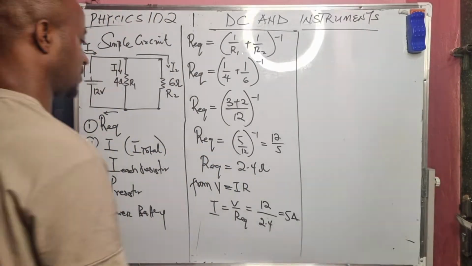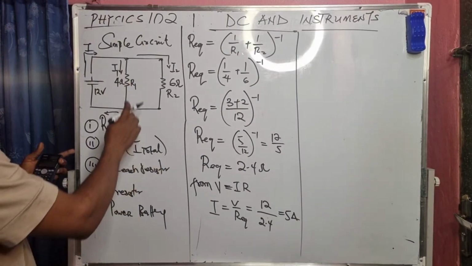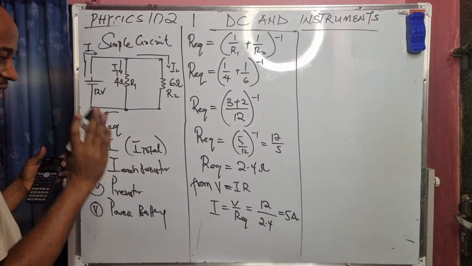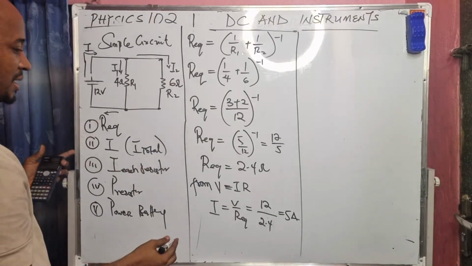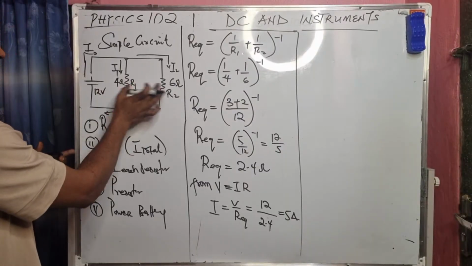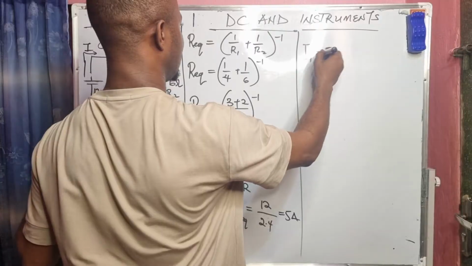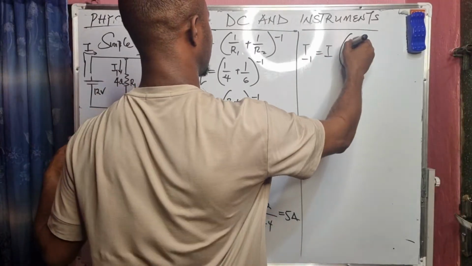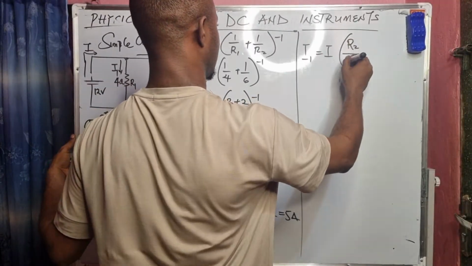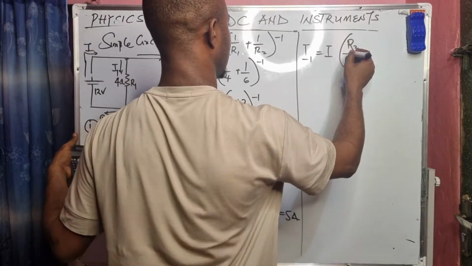All right. So the next is to find the current across each resistor. We have R1 and R2 arranged in parallel. I've already taught us how to find current that flows in a resistor in parallel. To find I1, it is I total times R2 over R1 plus R2. Don't forget this.